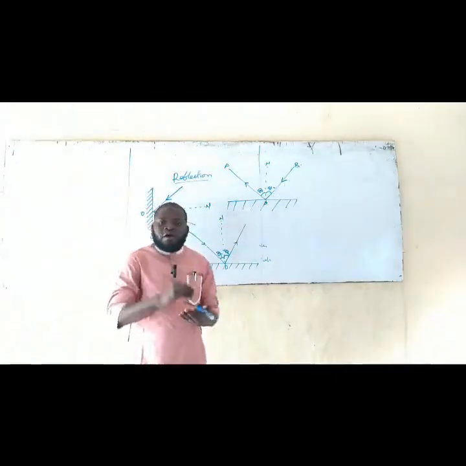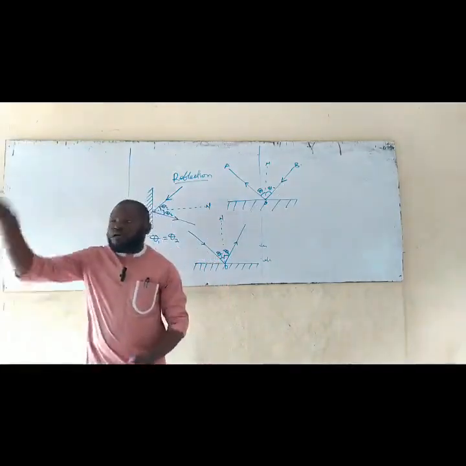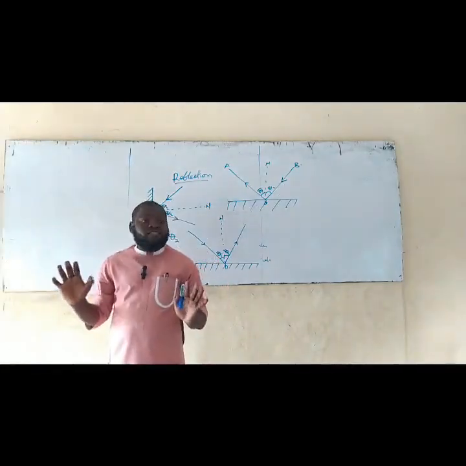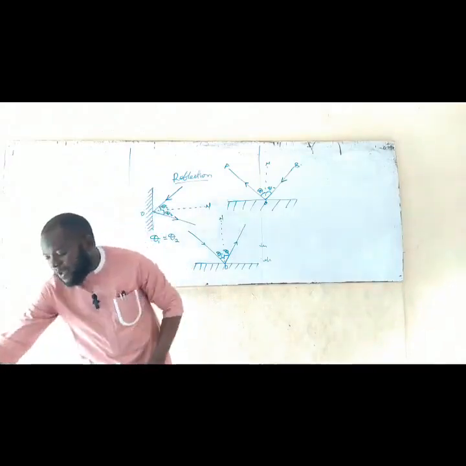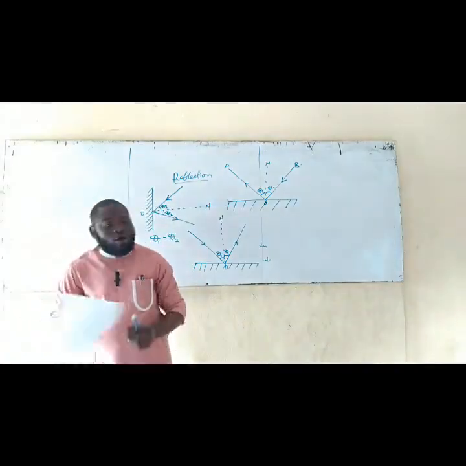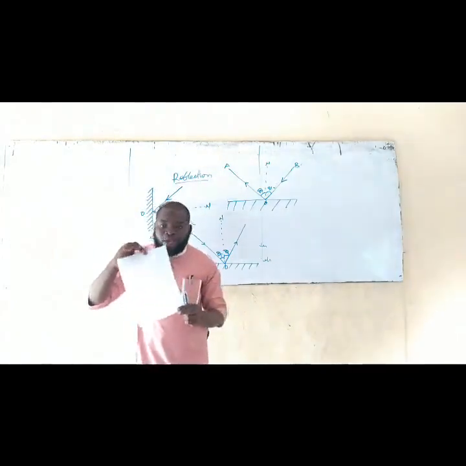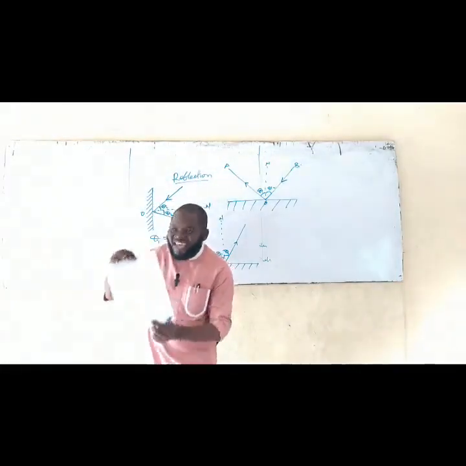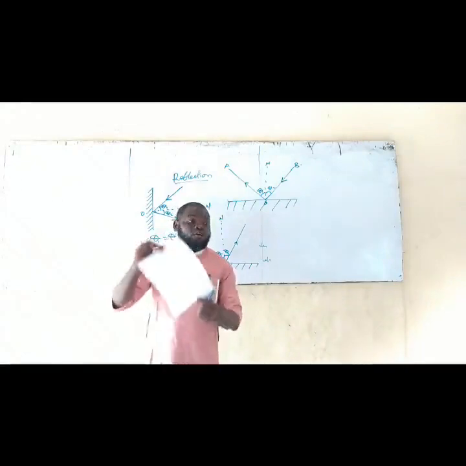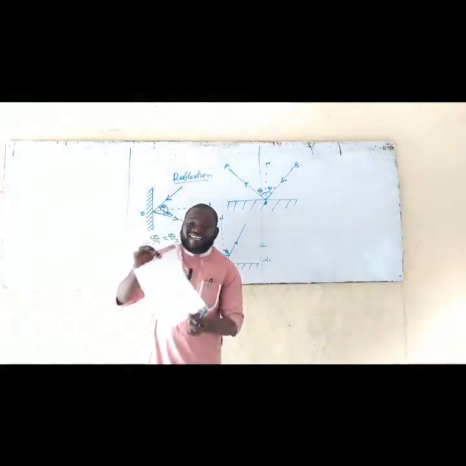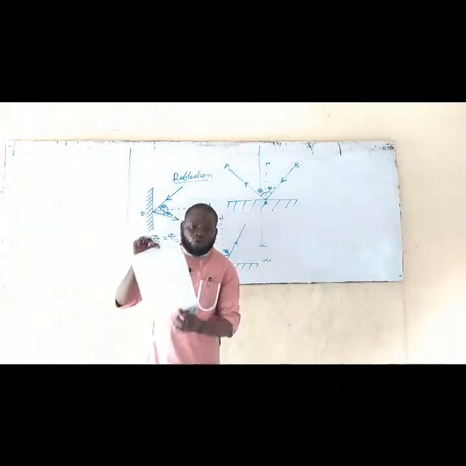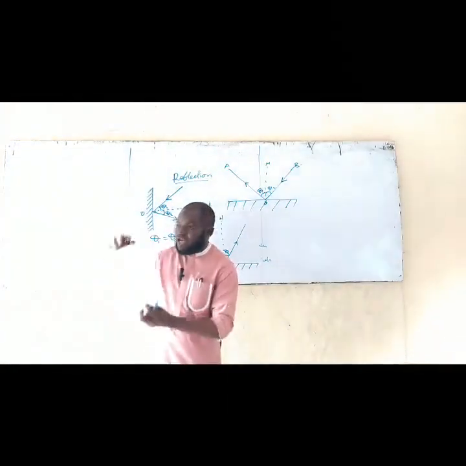So the arrow tells you the direction of the light. When you get your plain paper and carry out your experiment, don't forget to always indicate your arrow to show the direction of light.